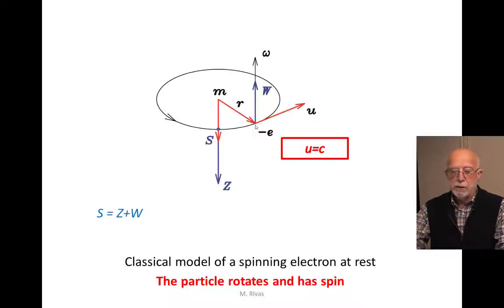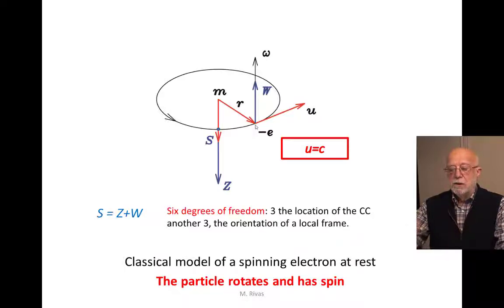And the spin has two parts because this object has 6 degrees of freedom. The 6 degrees of freedom we need to describe are the 3 coordinates of this center of charge, and also 3 parameters which describe, associated to this center of charge, a co-moving Cartesian frame which rotates with angular velocity omega.